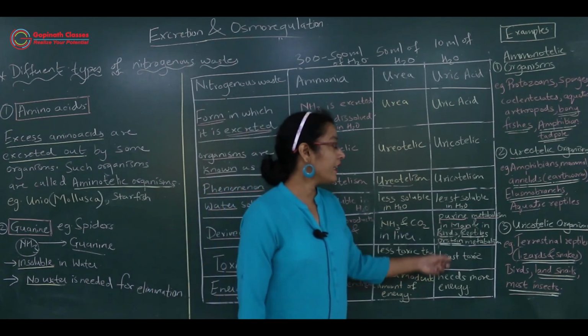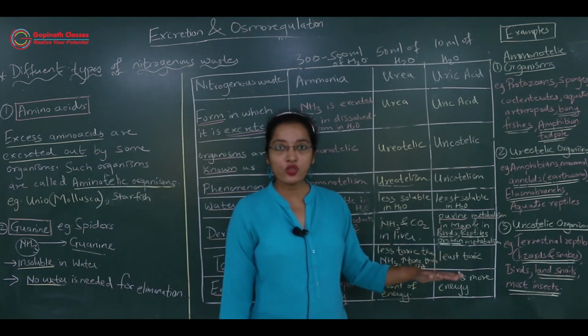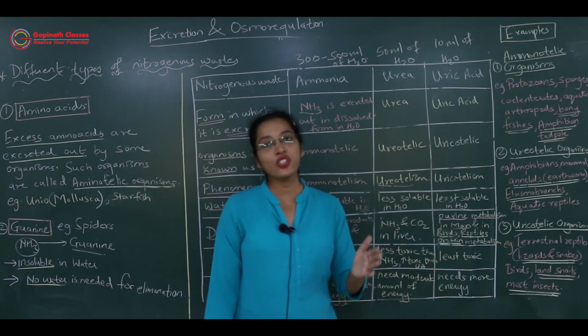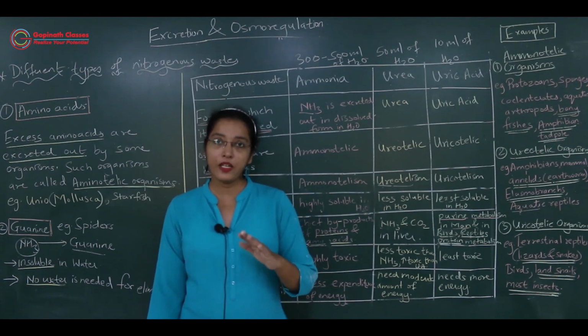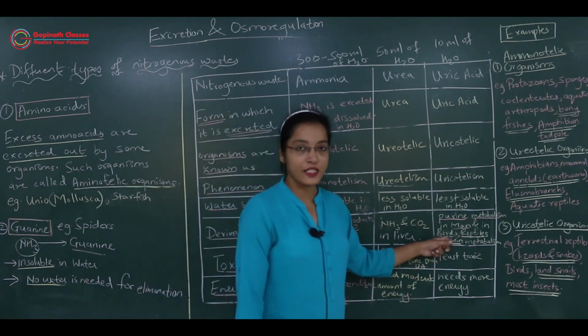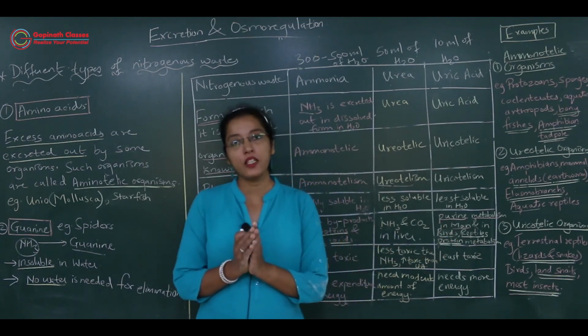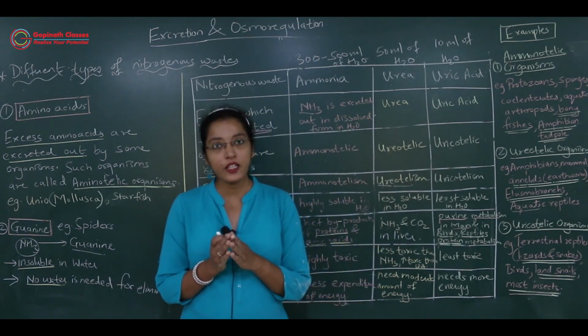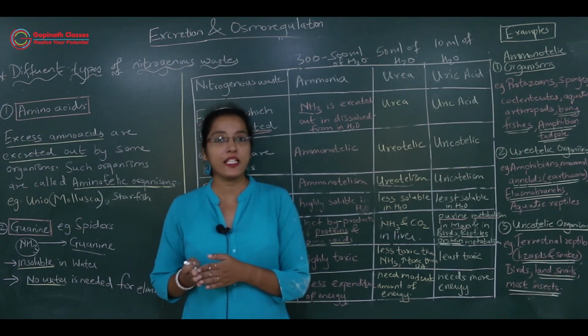Got it? Then in birds and reptiles, how does elimination of nitrogenous waste occur? It occurs in the form of uric acid. So the proteins formed in birds and reptiles are broken down into uric acid.